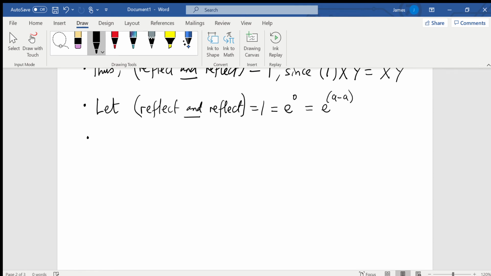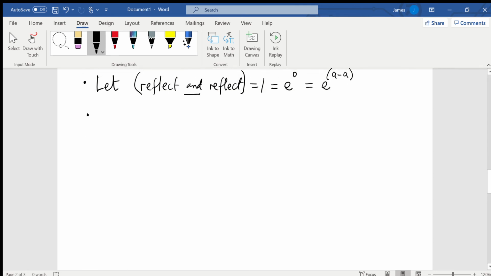So let's see how much room I've got left. Okay, I'll try and fit this bit on this page.